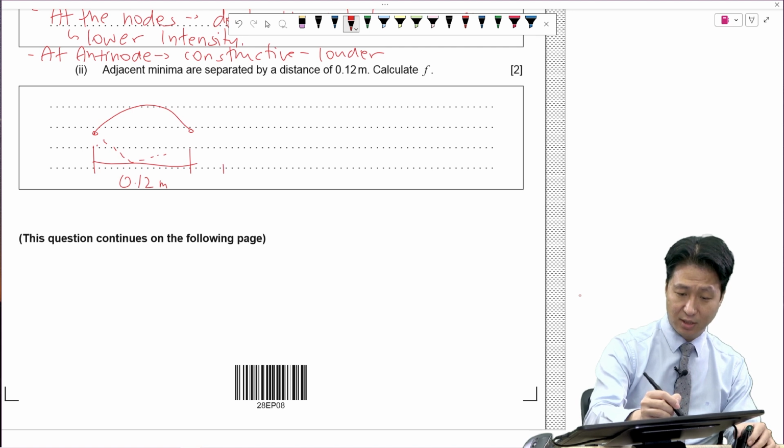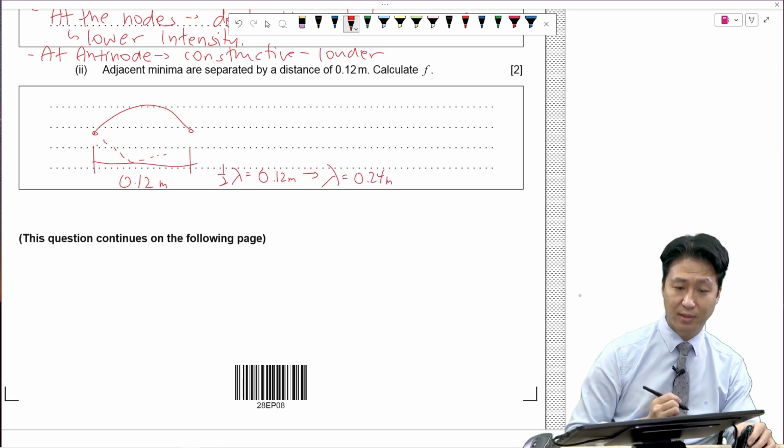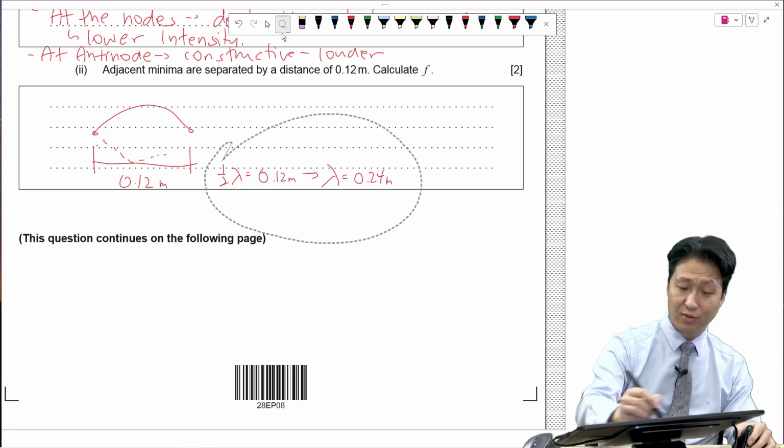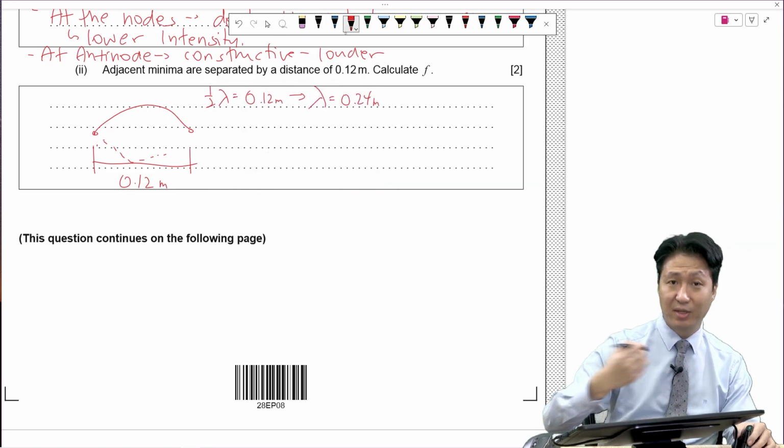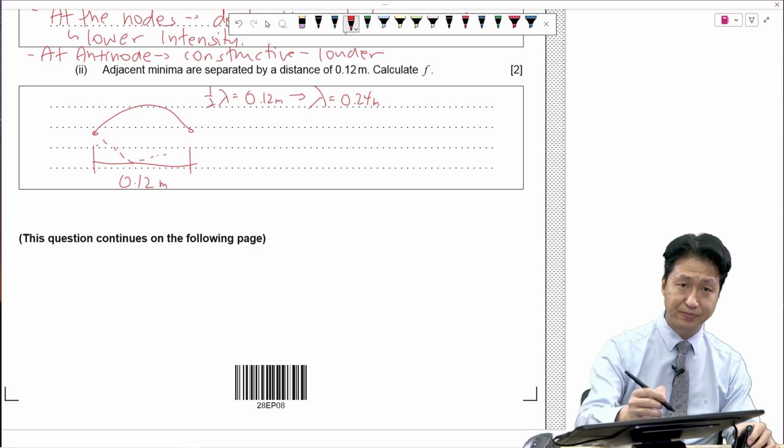So this is 1/2 the wavelength is equal to 0.12 meters. This means the actual wavelength is 0.24 meters. You don't actually have to draw it for the answer. It's just for the benefit of the students that are watching this.